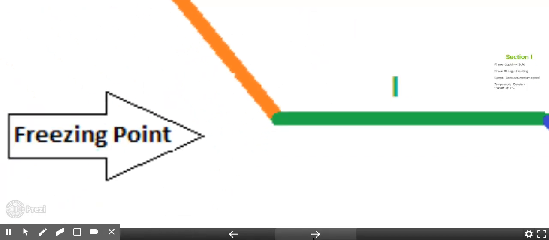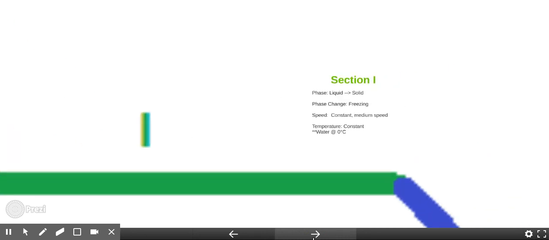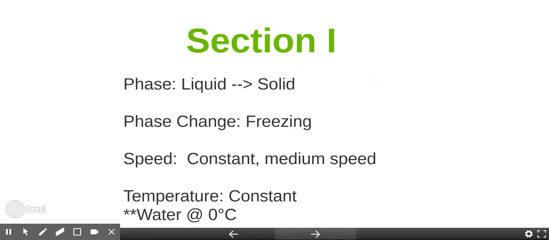But when we have multiple phases present, like we do in I, we see the freezing point. This is when a liquid turns into a solid. The exact instant we have something starting to crystallize and turn into a solid, we call that freezing. And at that exact moment, it becomes a constant temperature because all of that lack of energy is going into creating those attractive forces.